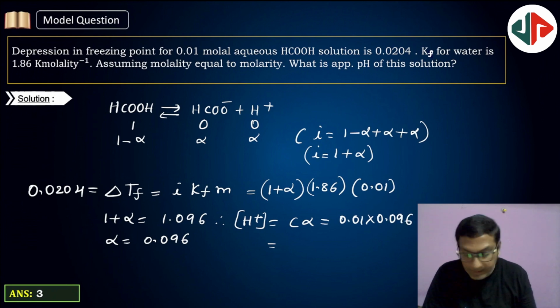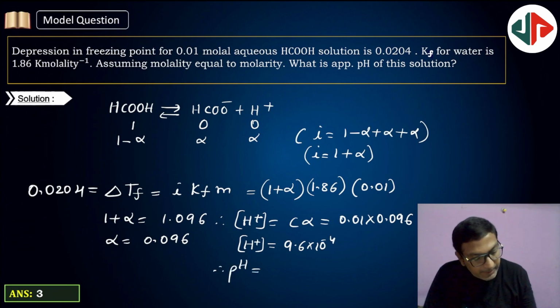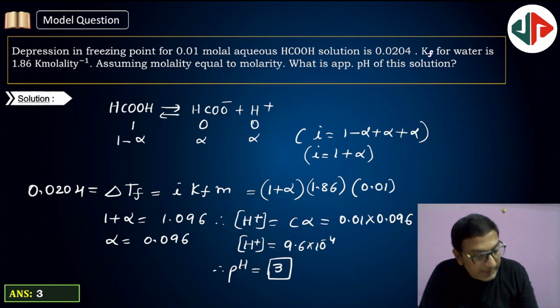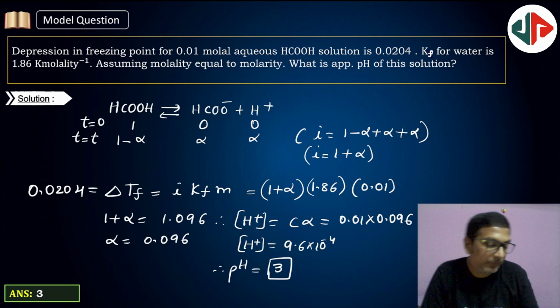So therefore we'll get H plus concentration equal to 9.6 into 10 power minus 4. Therefore pH will be approximately 3. So answer 3. pH is 3. Here at time t equal to 0 and after some time, the total number of particles i equals the total number of particles after dissociation.